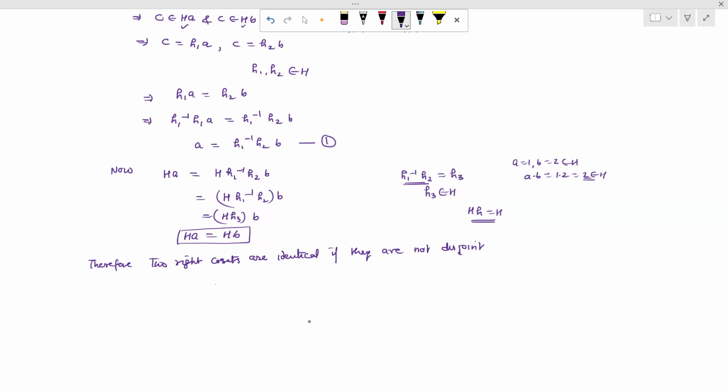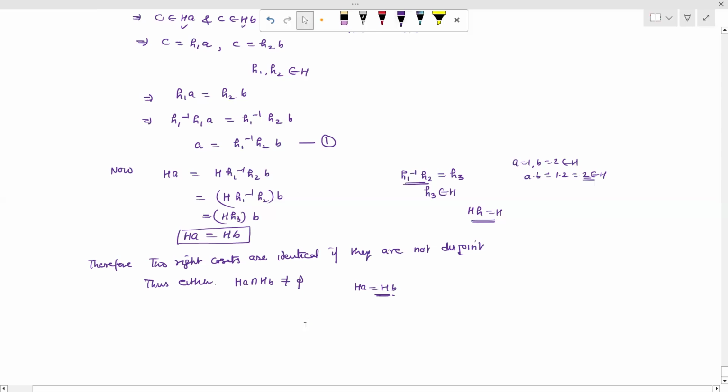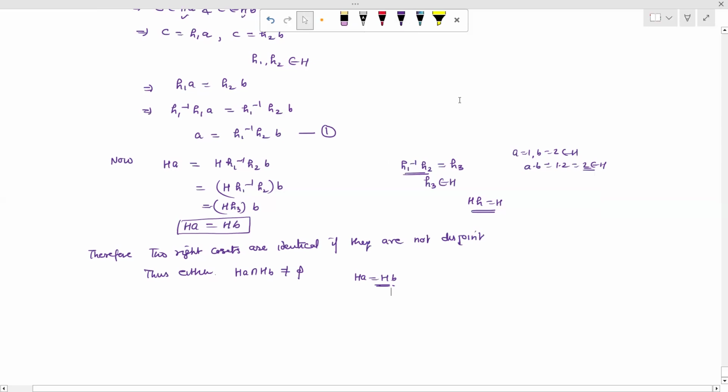That is, if HA intersection HB is not equal to φ, then we can write HA equal to HB. So this is the next theorem. Hope you understand.